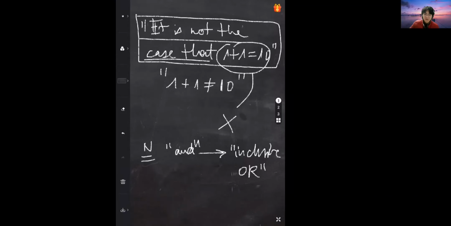For example, 1 plus 1 equals 2, and 2 plus 2 equals 4. And the negation of that will be 1 plus 1 equals 2, or 2 plus 2 equals 4.